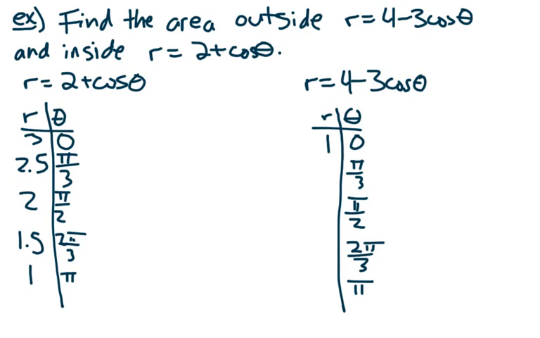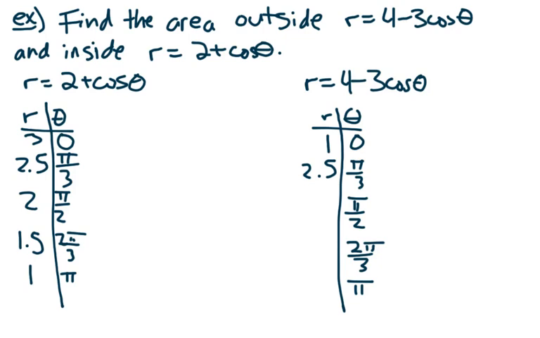When I plug in pi over 3, cosine is 1/2, so that becomes 4 minus 3 times 1/2, or 4 minus 3 halves. 8 halves minus 3 halves is 5 halves, or 2.5. Interesting. By complete happenstance and coincidence, we have managed to find an intersection point, 2.5, pi over 3.